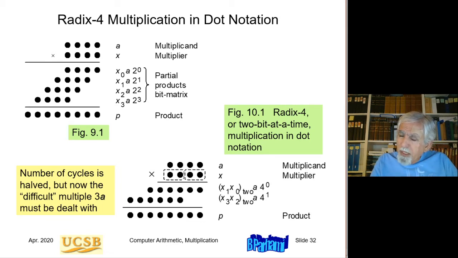And generally speaking, in high-radix multiplication, we sometimes have these difficult multiples. For example, if you go to radix 8, the multiples that we will need will be 0, 1, 2, 3, 4, 5, 6, 7. 0, 1, 2, and 4 are simple multiples. 3, 5, 6, and 7 are difficult multiples that we somehow have to find a way to handle.